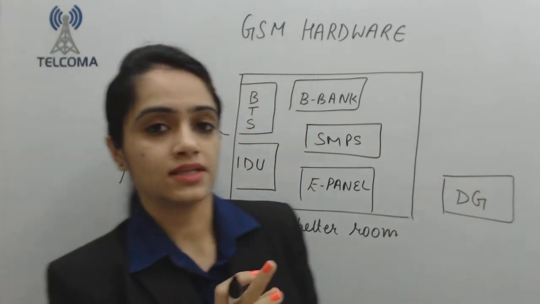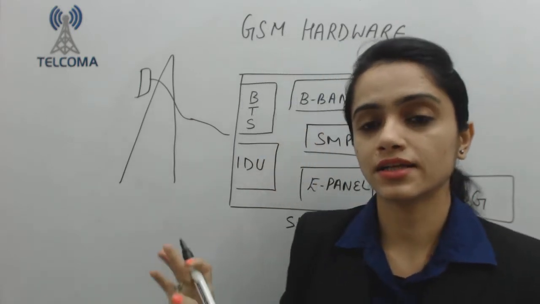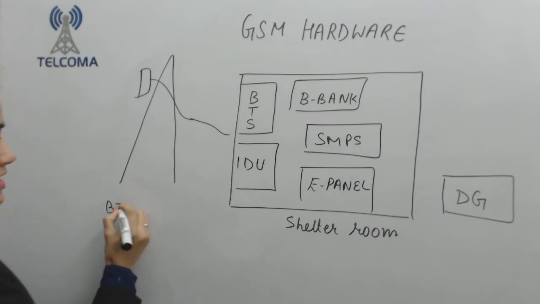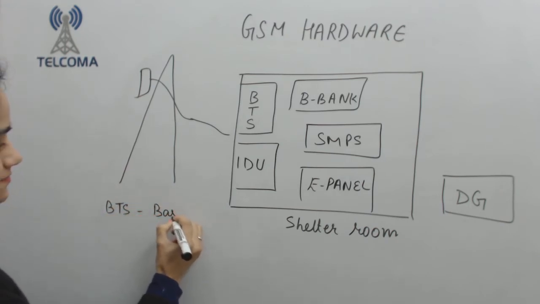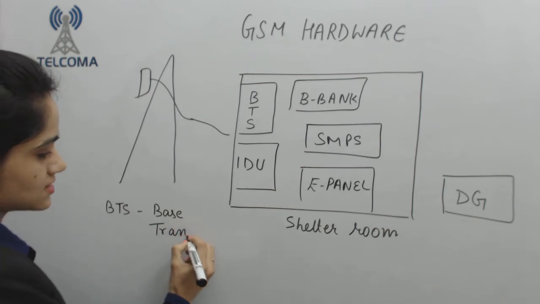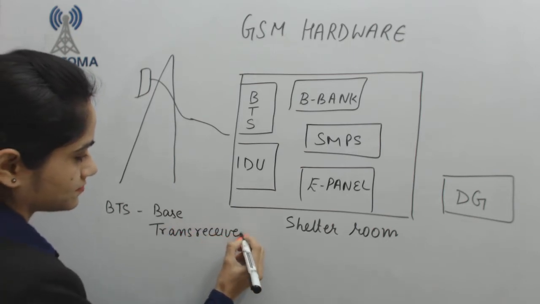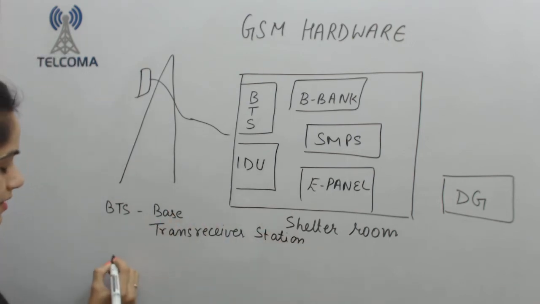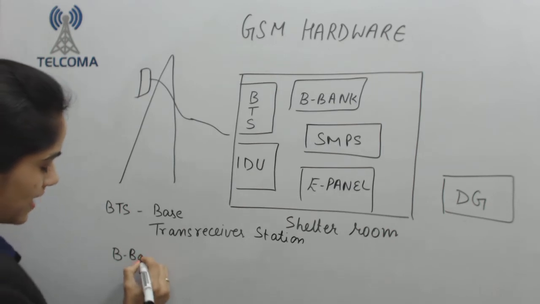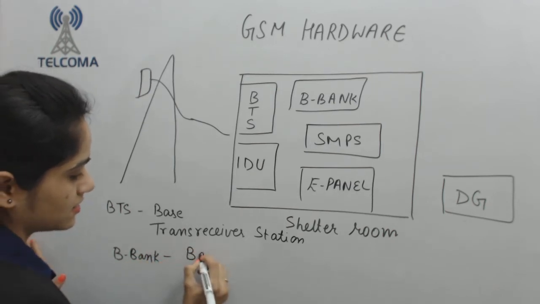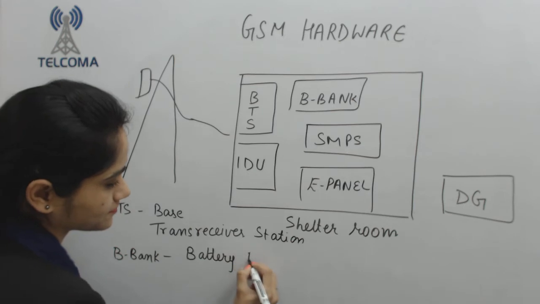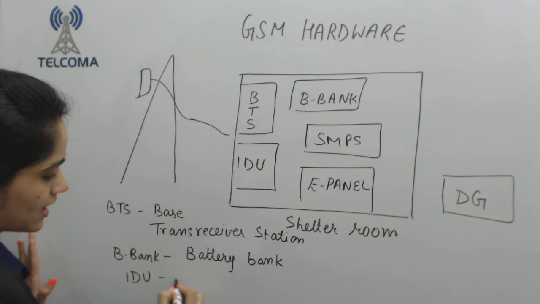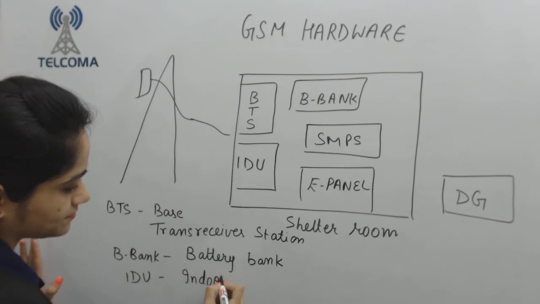So this is about what is there in the shelter room, what types of units we have in the shelter room. First one is the BTS, my base transceiver station. Now we have the B bank, which is a battery bank. Another unit is the IDU, the indoor unit.